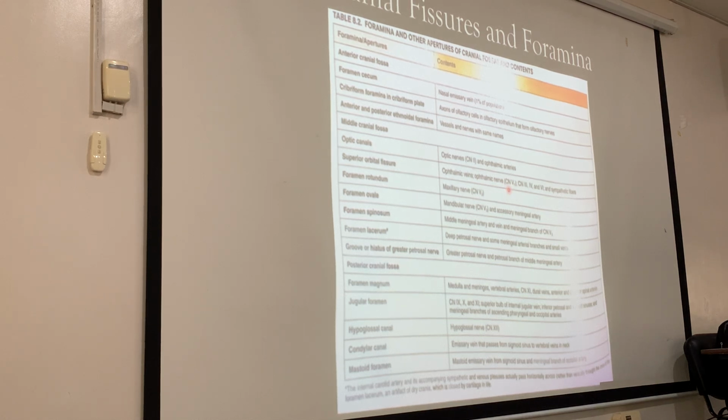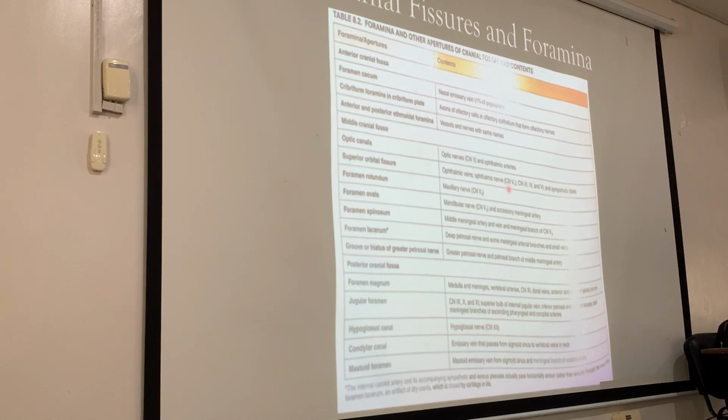So it's 3, 4, 6, and the ophthalmic nerve that pass through the superior orbital fissure. Foramen rotundum transmits the maxillary division of cranial nerve 5, while foramen ovale transmits the mandibular division of cranial nerve 5. So cranial nerve 5 will go through the superior orbital fissure, foramen rotundum, and foramen ovale.